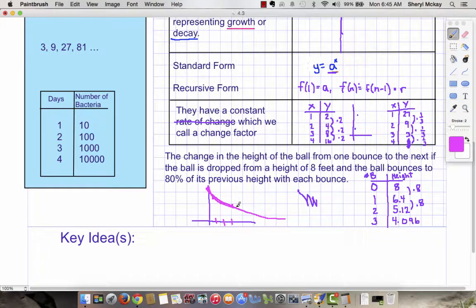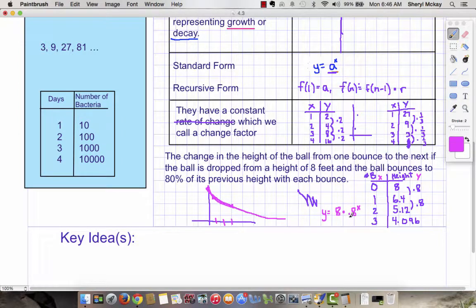Okay? So if I was going to write this, I would say that x is my number of bounces and y is my height, okay? I'm going to take y equals, and I'm going to start with 8, okay? And I'm multiplying it by 0.8 to the x power, all right?